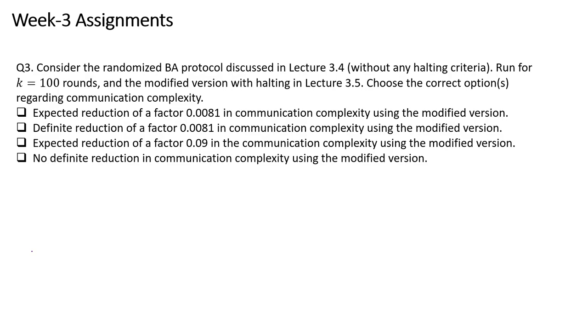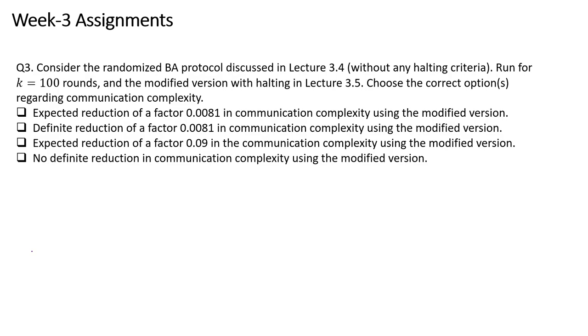Consider the randomized BA protocol discussed in the lecture without any halting criteria, run for k equal to 100 rounds, and the modified version with halting. Choose the correct option regarding communication complexity.